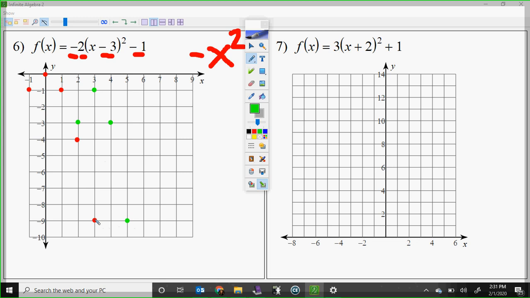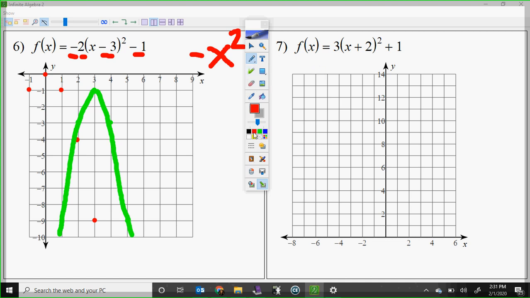So if I come back here to the middle where the center of my parabola will be, 2 units over, right there. That will be my last point on my parabola. There we go. And my parabola should look something kind of like that.